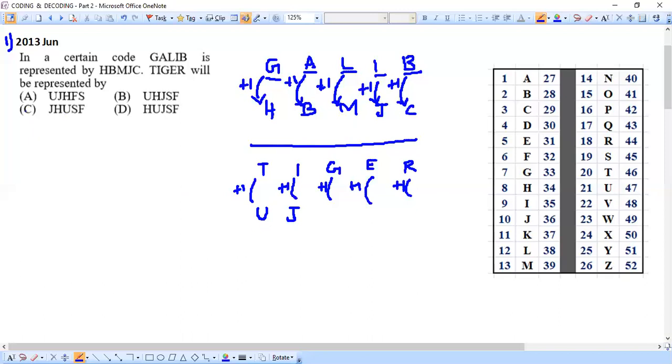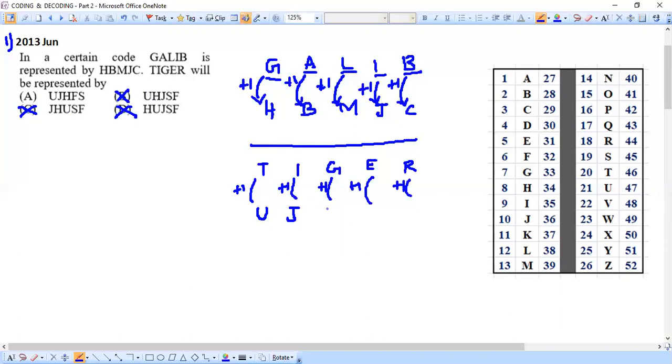From that we can eliminate options C and D. We have only two options which start with U: options A and B. If we come to the second letter, we are getting J, and with that we can also eliminate option B, because in option B we have UH, but we need to have UJ. So this is enough for us to say that option A should be our correct answer.